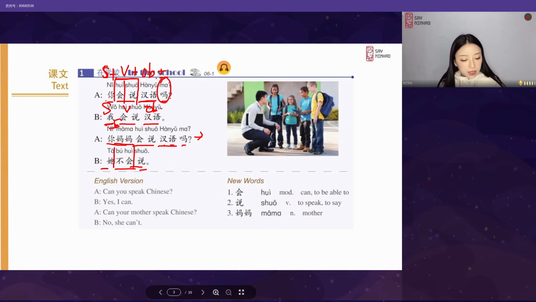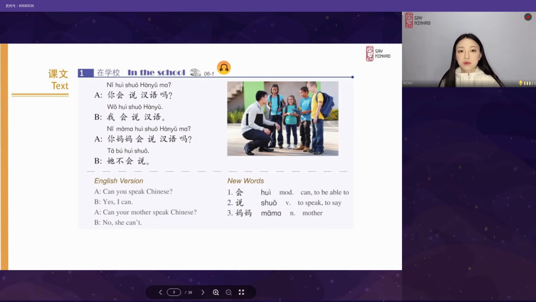Okay, now let's try to read it from the start. Read after me. 你会说汉语吗？我会说汉语。你妈妈会说汉语吗？她不会说。Okay, now let's try to read it in roles.